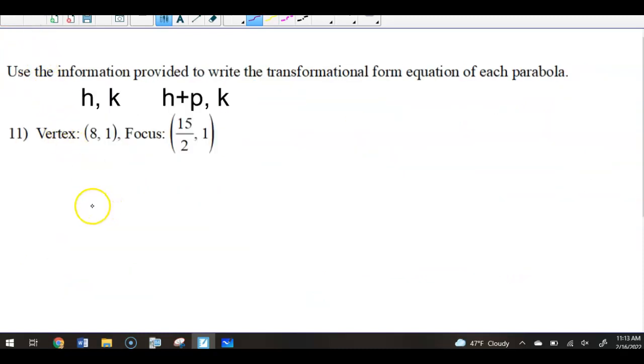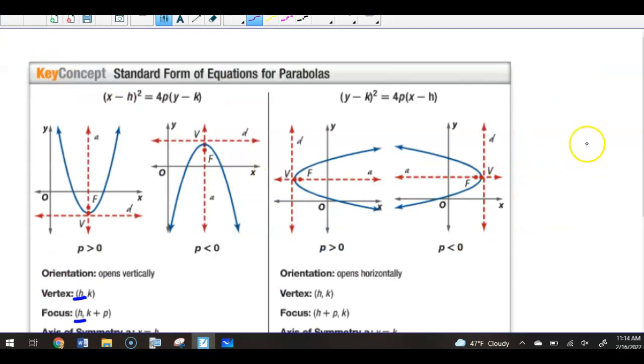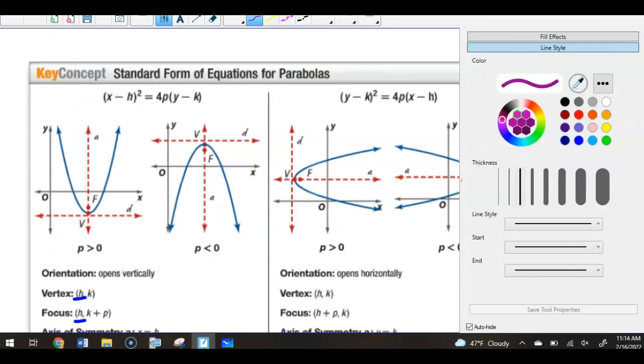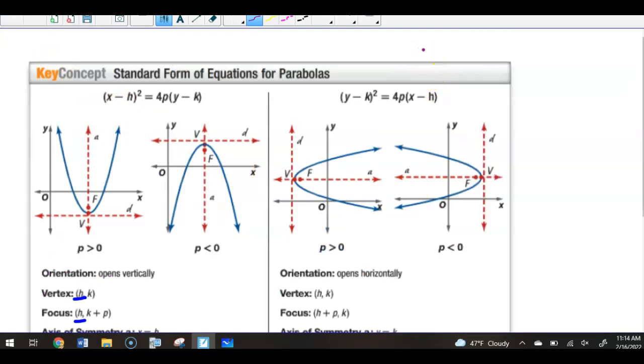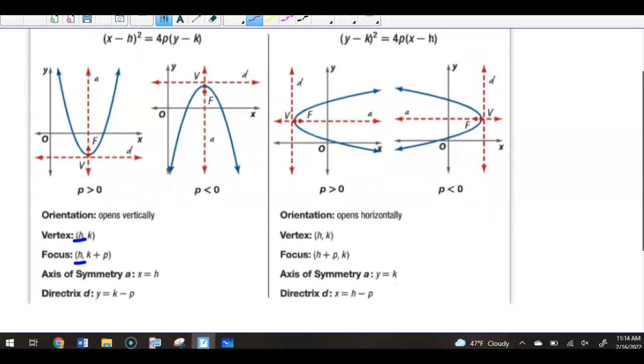All right, number 11 has the k value stayed the same. So if I go to my reference sheet and I find, here the vertex and focus had the same k value, so that tells me it's going to open sideways.